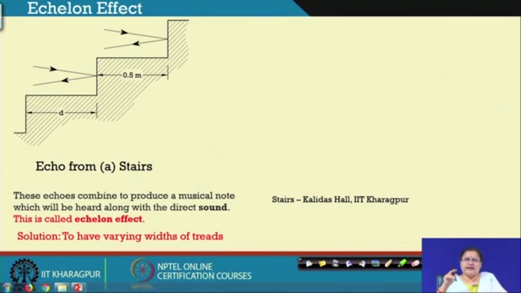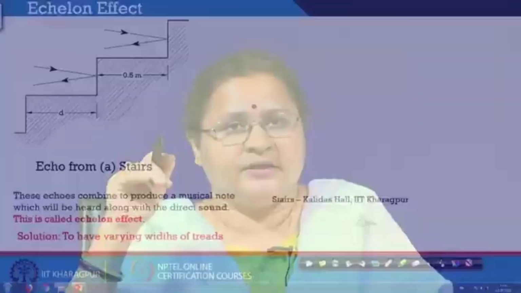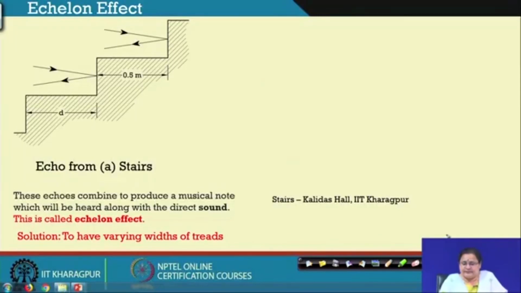If you have different slopes or different row widths, at least broken at some points, this Echelon effect can be reduced. So, you can have varying widths of the treads, or you can have varying heights and varying widths of the treads at varying heights. So, this Echelon effect can be curtailed.